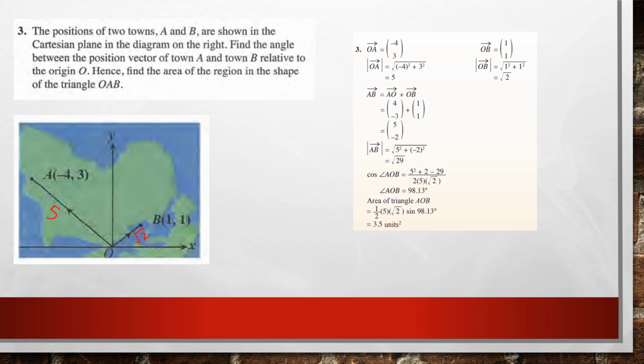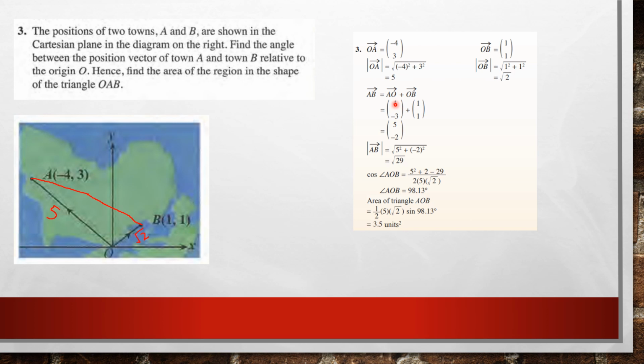Now we find the length of AB. You first find the vector AB. It's a straight line. So how do you get vector AB? That is AO plus OB.